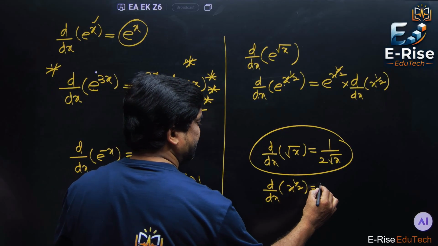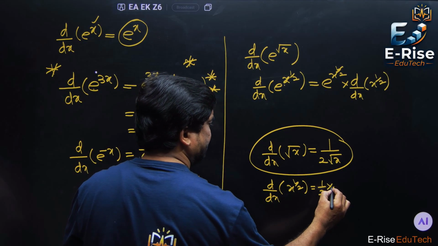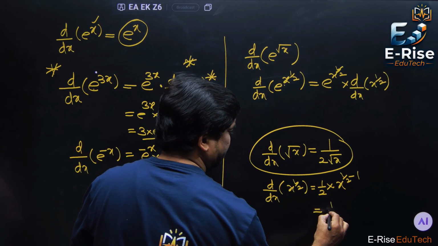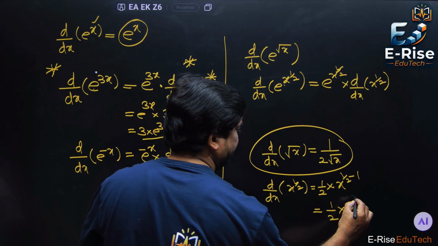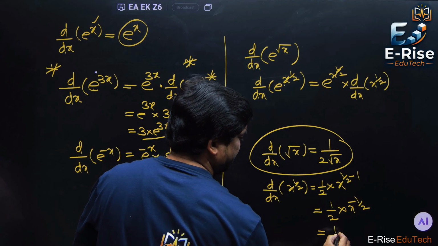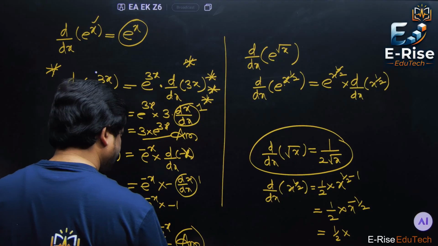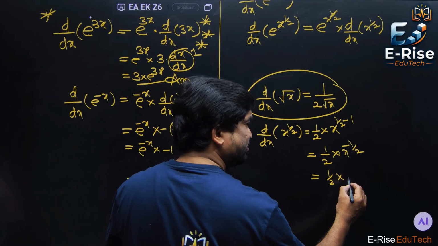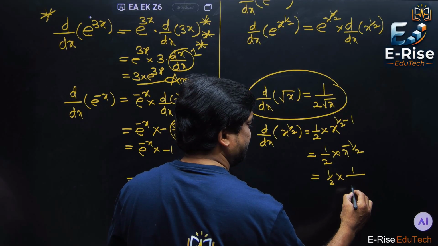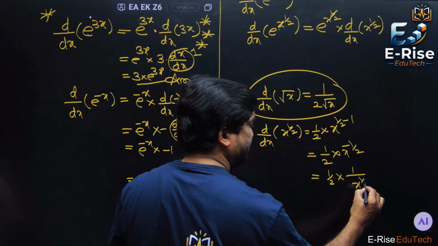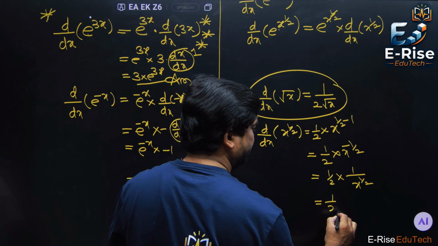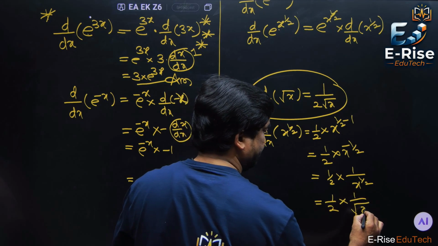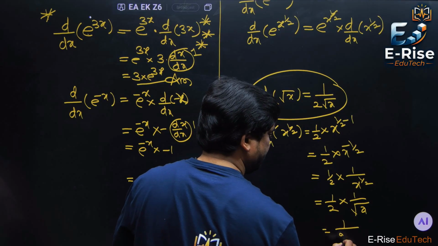You can apply the formula n into x to the power n minus 1: 1 by 2 into x to the power 1 by 2 minus 1, 1 by 2 into x to the power minus 1 by 2. Minus 1 by 2 means 1 by x power 1 by 2. So 1 by 2 into 1 by x to the power 1 by 2, which means root x. So this is 1 by 2 into root x.